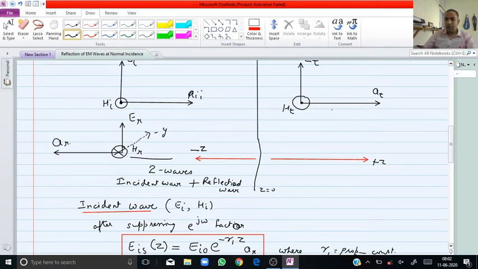So we have to apply the boundary conditions at this point, at this interface.